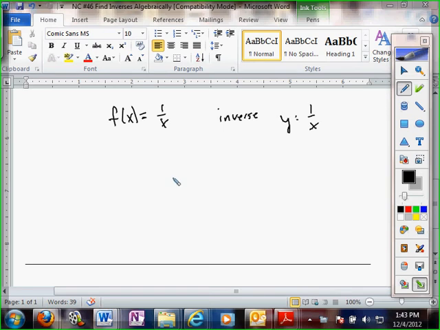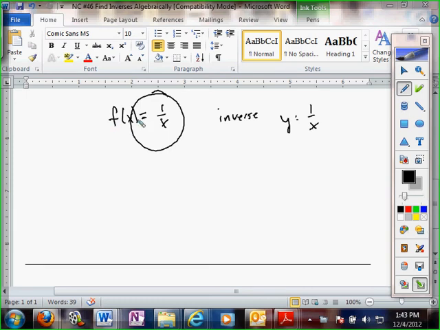Here's what happens. If the graph of this regular function already has symmetry in the line y equals x, then it's going to be its own inverse. Because remember that when we're looking at inverses graphically, inverses have symmetry within the line y equals x, or are reflections of each other in the line y equals x.